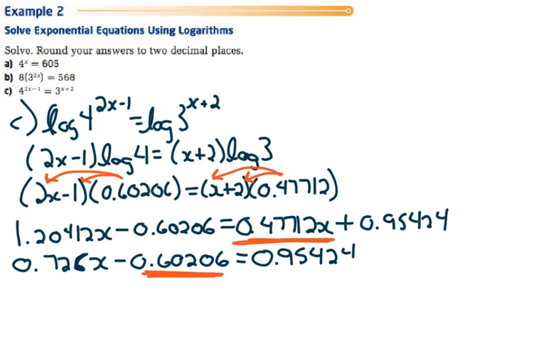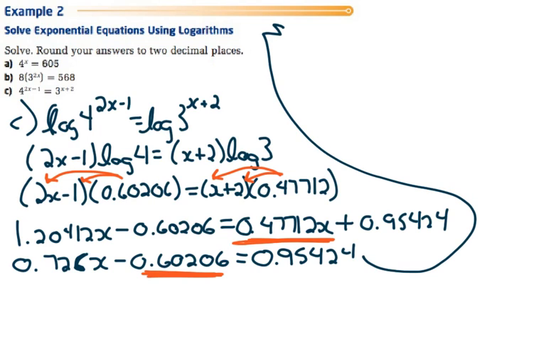I'll do this up here, hopefully I have enough space to squish it in. We are going to get 0.726x equals, and we'll take the 0.954, add the 0.60206. We get 1.5563.